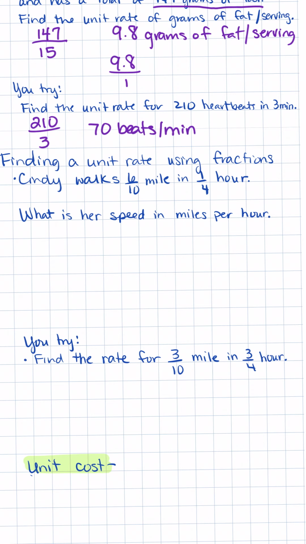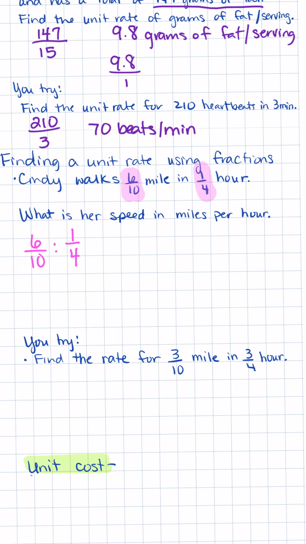So now let's look at finding a unit rate using fractions. Cindy walks 6/10 of a mile in 1/4 of an hour. What is her speed in miles per hour? Okay, so if we're looking at this, let's just look at the ratio. 6/10 is the same as 1/4.